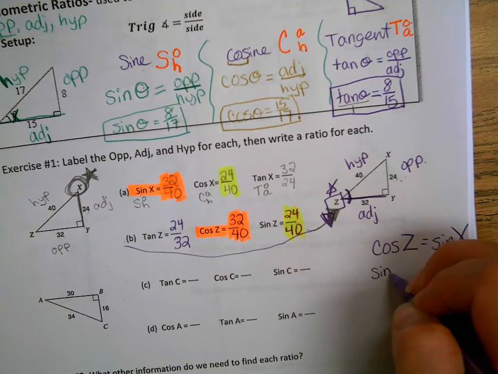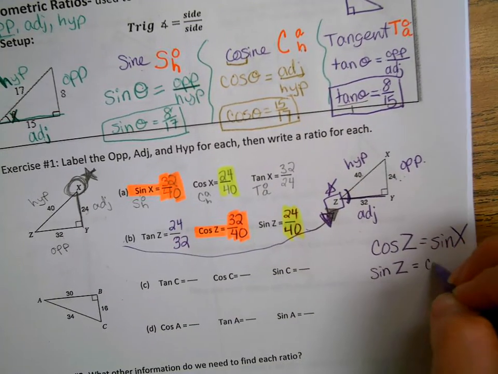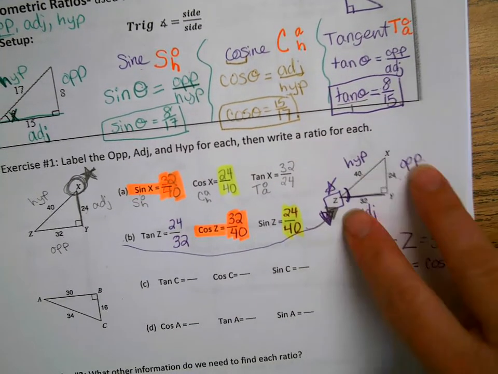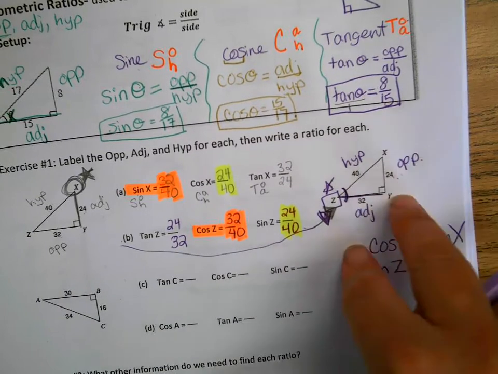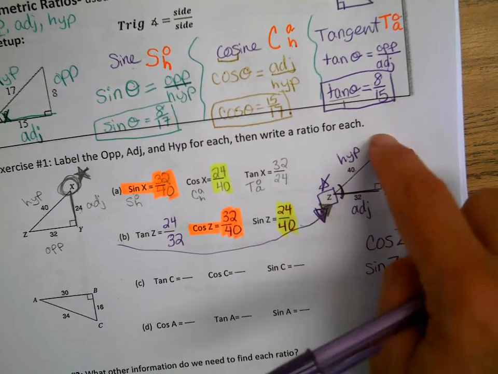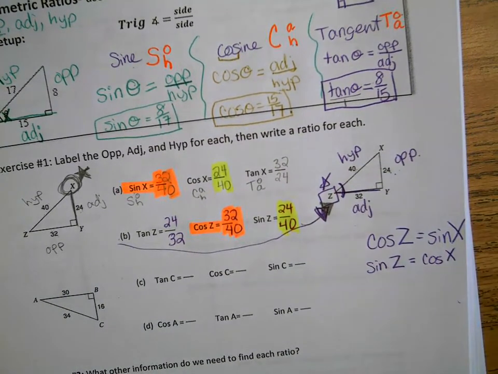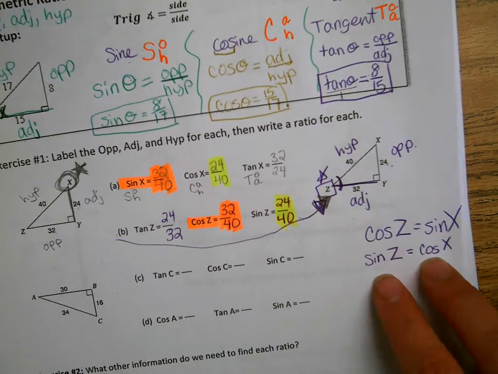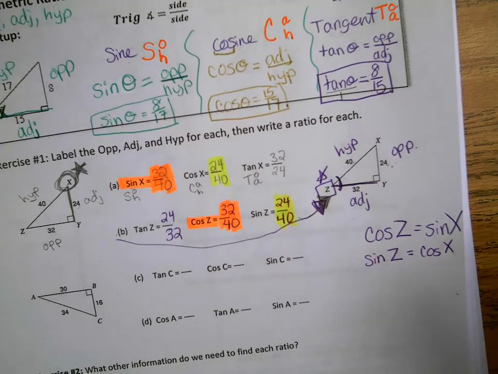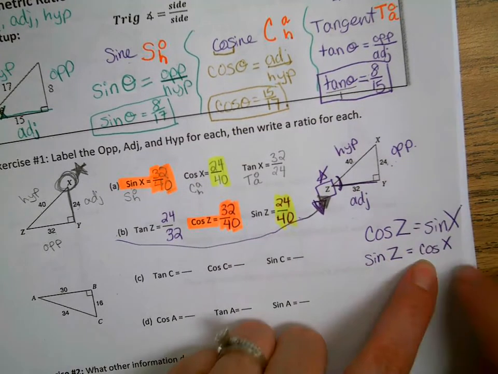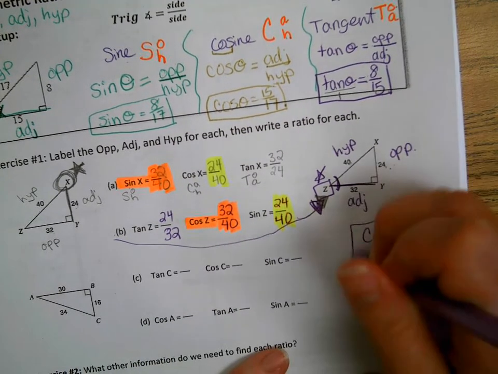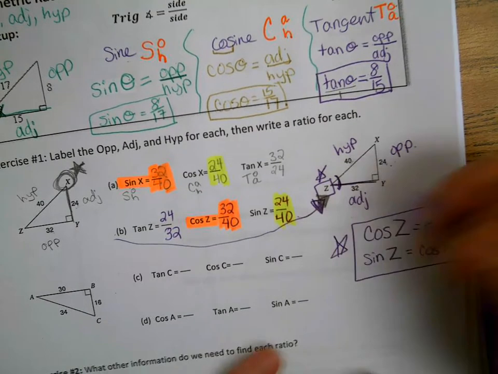So sine from Z equals cosine of X, because your opposite and your adjacent just kind of flip-flop depending on which angle you're focused on. So that little idea is going to be important in a couple different lessons from now. But that's something I'm just noticing to point out here.